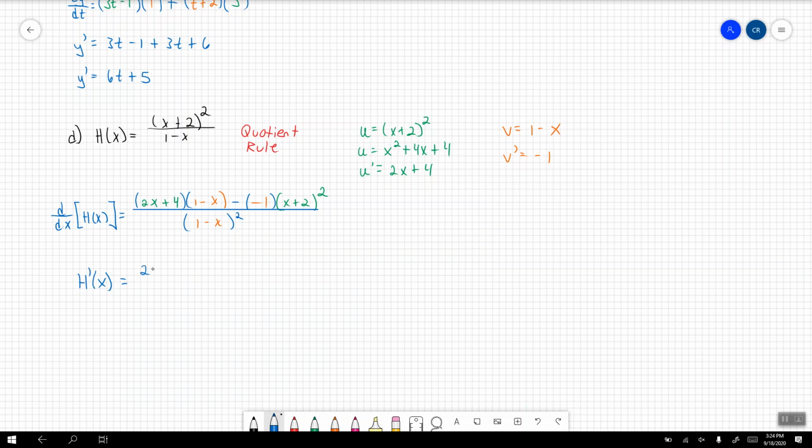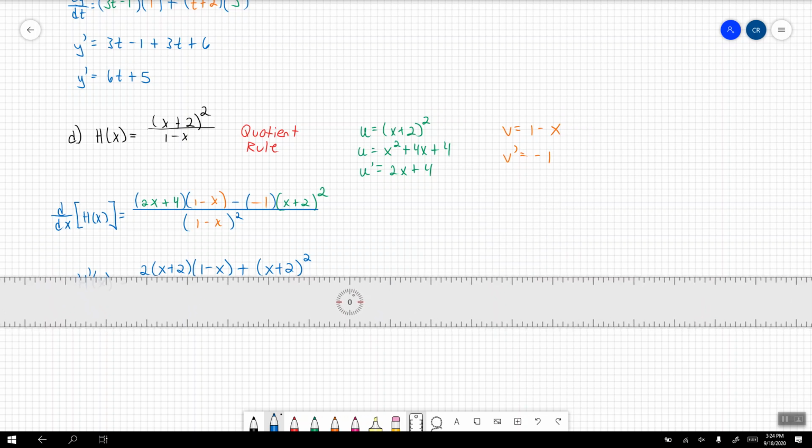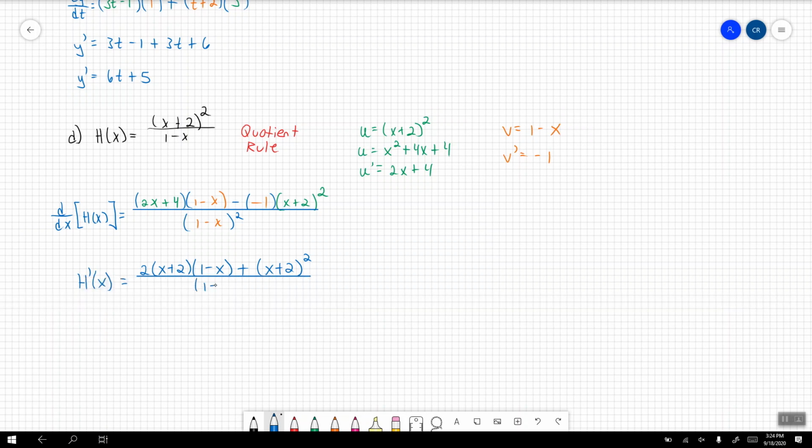So I'm left with 2 times x plus 2 times 1 minus x, and then negative times a negative is going to be a plus, times x plus 2 squared. All of that is still being divided by 1 minus x quantity squared. Look at that. That looks awesome.